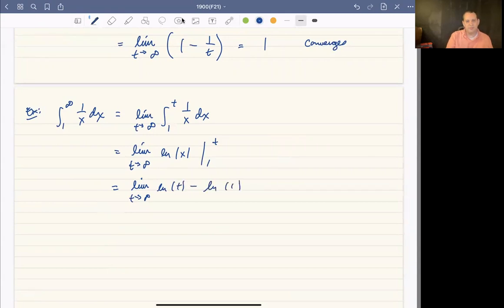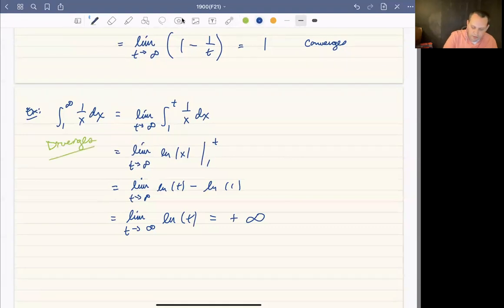I can just assume t is positive because t is going to infinity. And so that's going to be the limit as t goes to infinity of the natural log of t, because the natural log of 1 is 0. And we know that the natural log goes to infinity as its argument goes to infinity. And so this is going to be infinity. And therefore, that tells us that this original integral diverges.